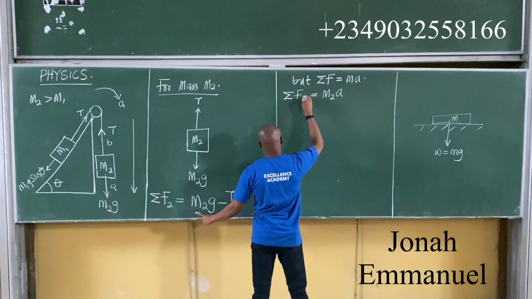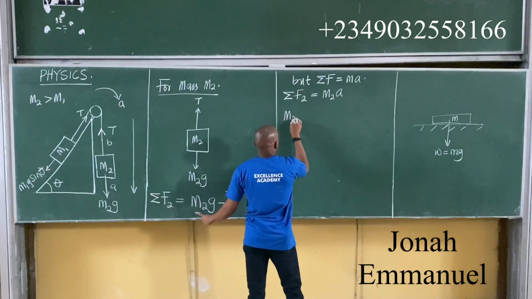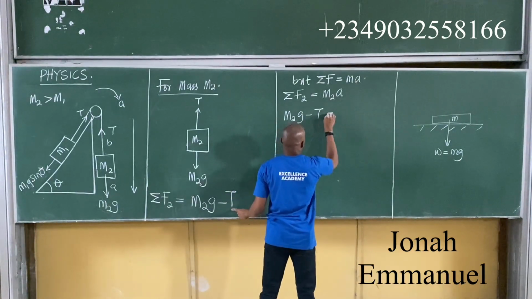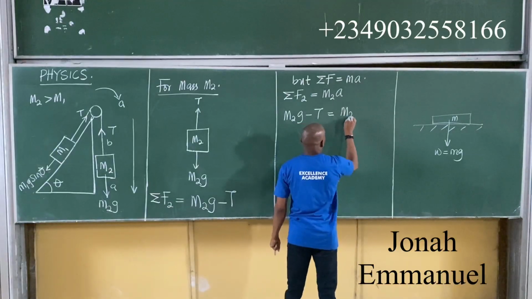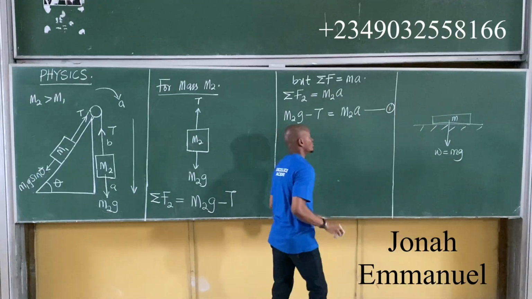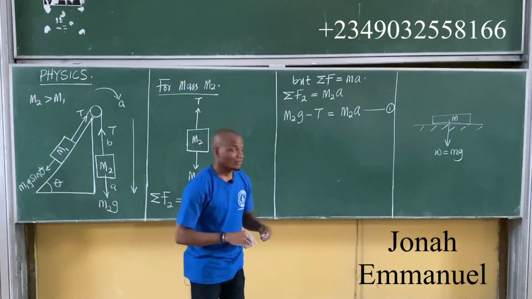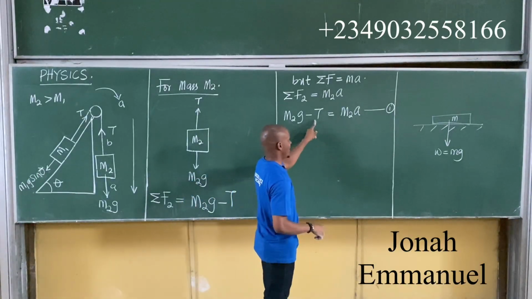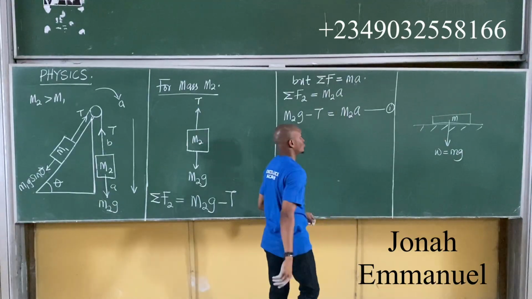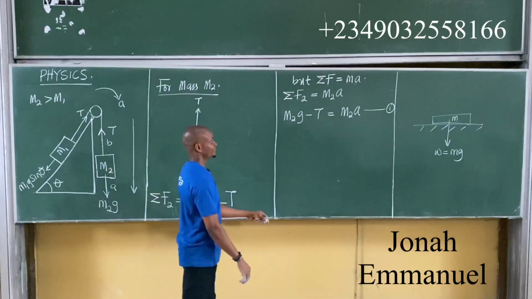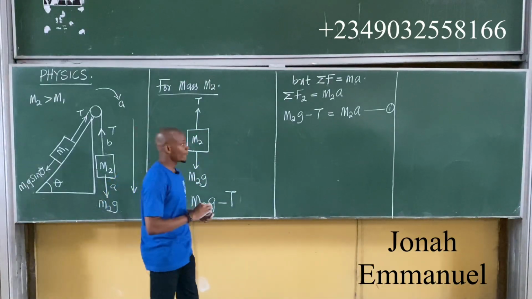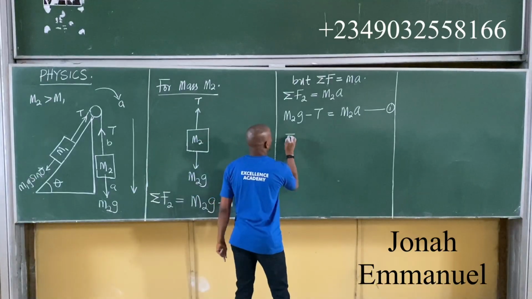It becomes M2g minus T is equal to M2a. Call this equation 1. So I'm done with mass M2: M2g minus T, sum of forces equal to MA. We are done with mass M2. Let's look at mass M1.